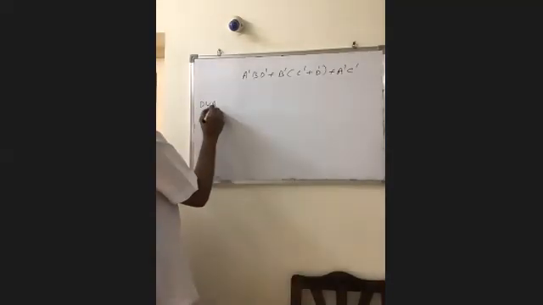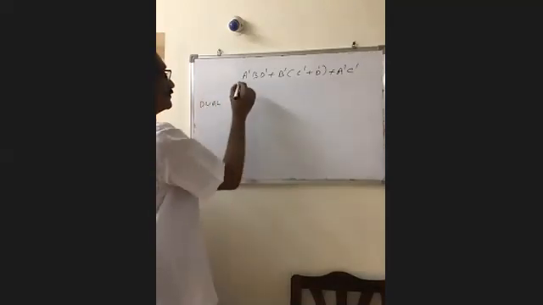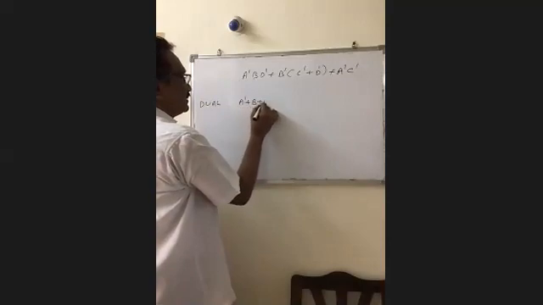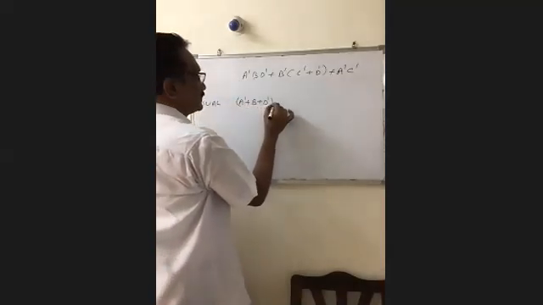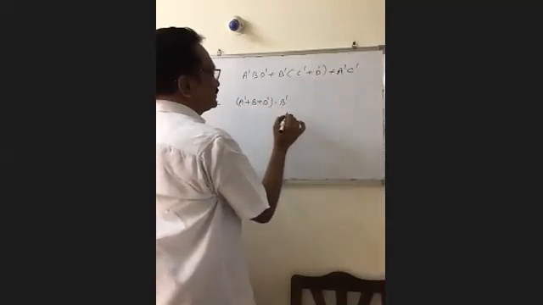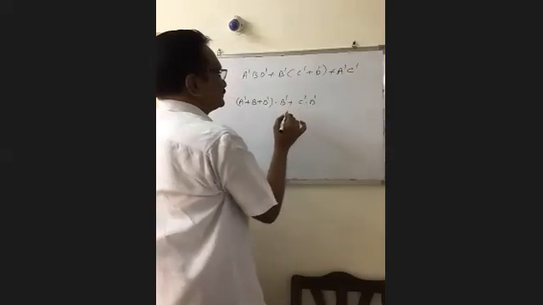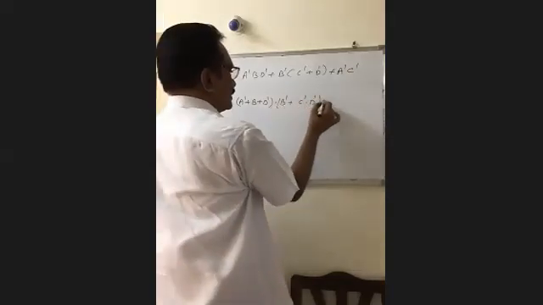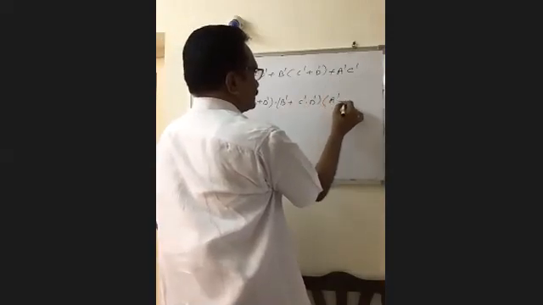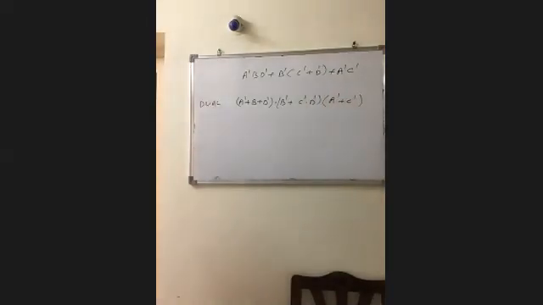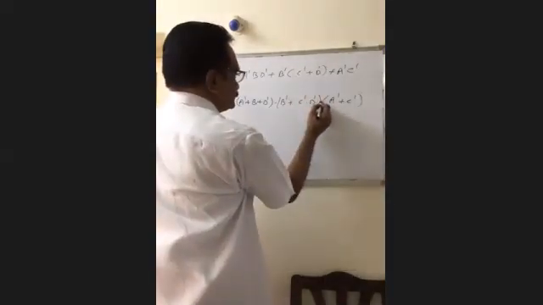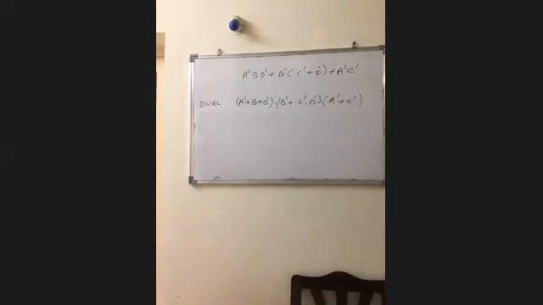The dual of the given function is a' plus b plus d', multiplied by b' plus c' into d', multiplied by a' plus c'. What is the complement of the given expression?